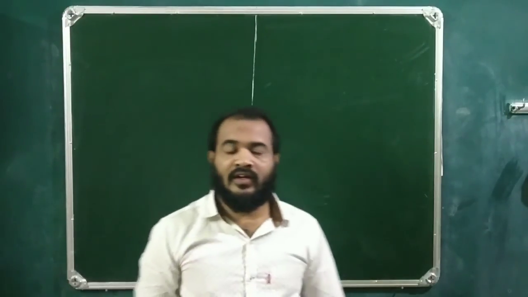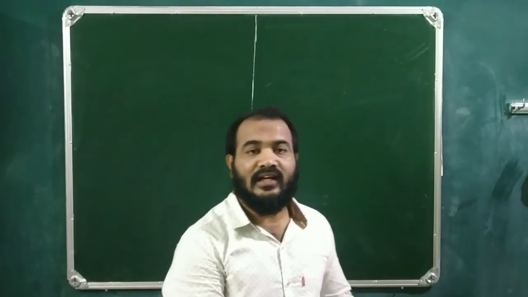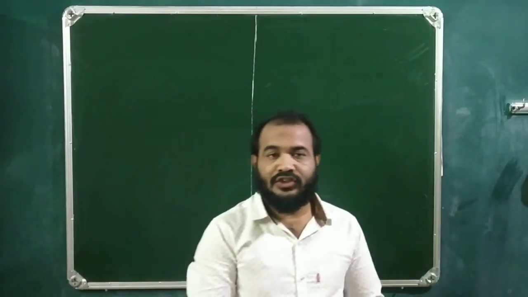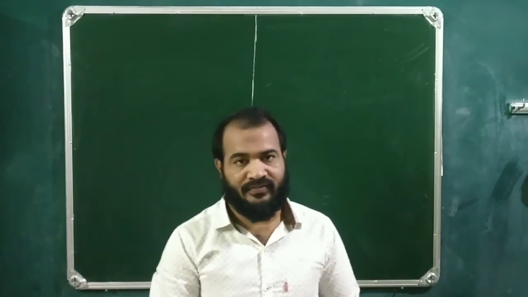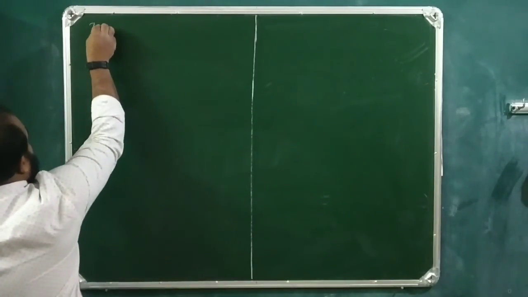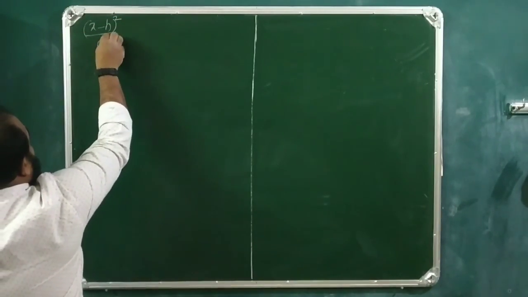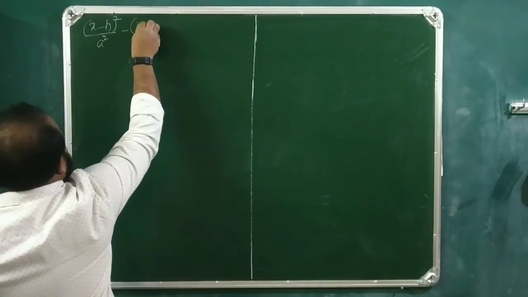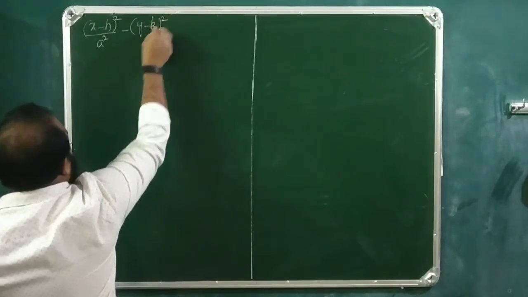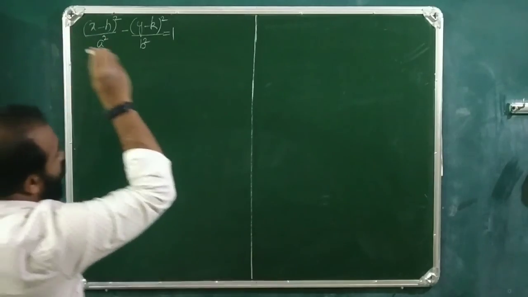What if the equation of the hyperbola has its center not at the origin, that is, shifting of the origin has taken place? Then it is x minus h whole square by a square minus y minus k whole square by b square equals 1.